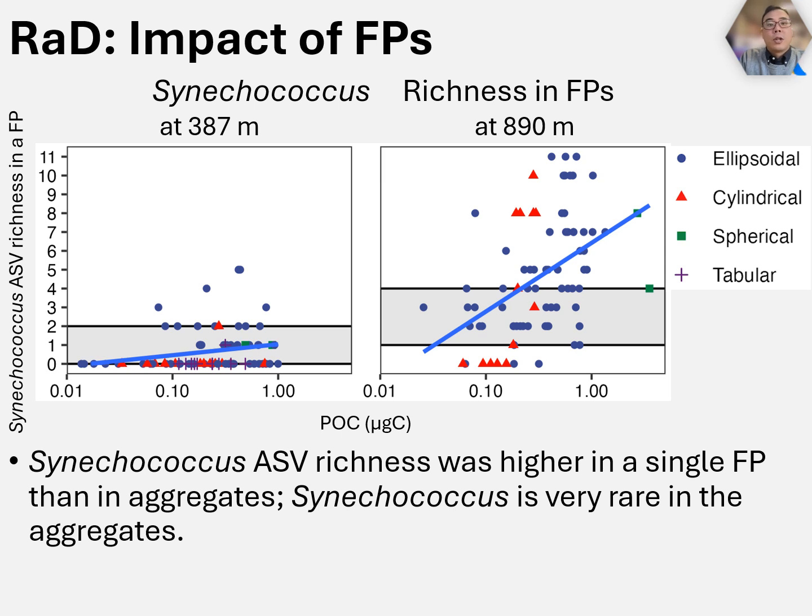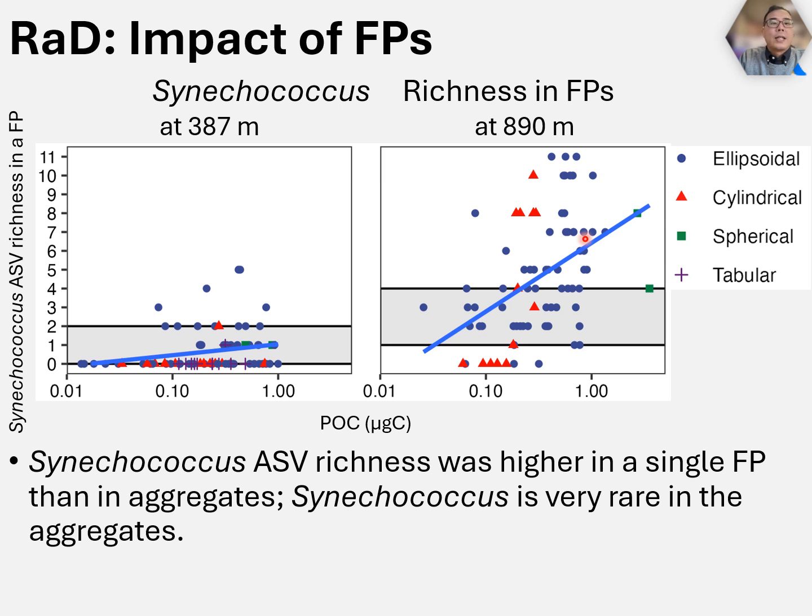The most interesting results are found in Synechococcus. The Synechococcus ASV richness was very low in the aggregates, while it was high in fecal pellets. In the large pellets, the Synechococcus ASV richness is higher than the aggregates.